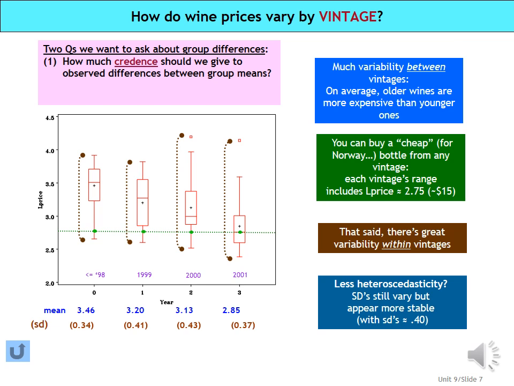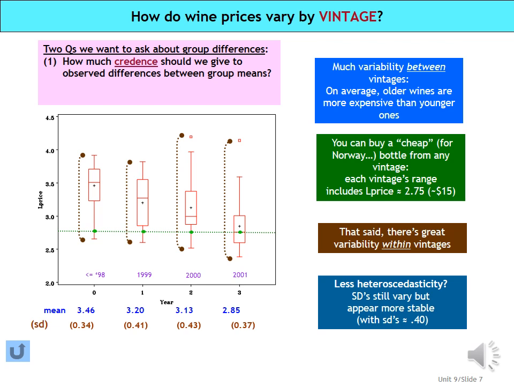How much credence should we give to the observed difference between the group means? From a numerical perspective, the vintages have mean differences, right? 3.46, and you can convert to real money since these are logarithmic values, e to the power of 3.46. 3.20, 2.30, 2.85.